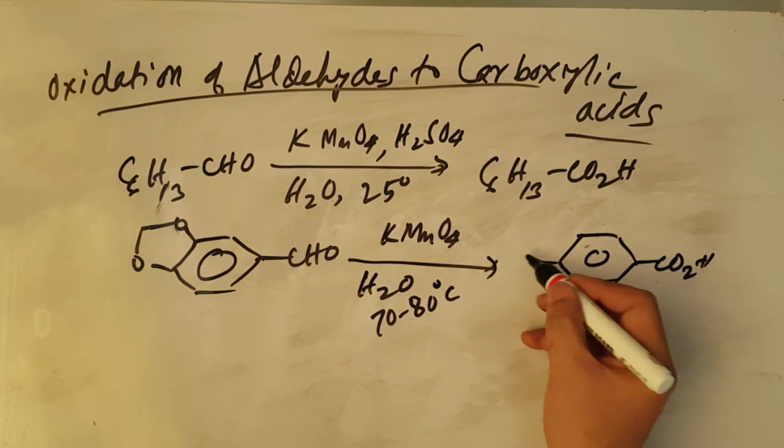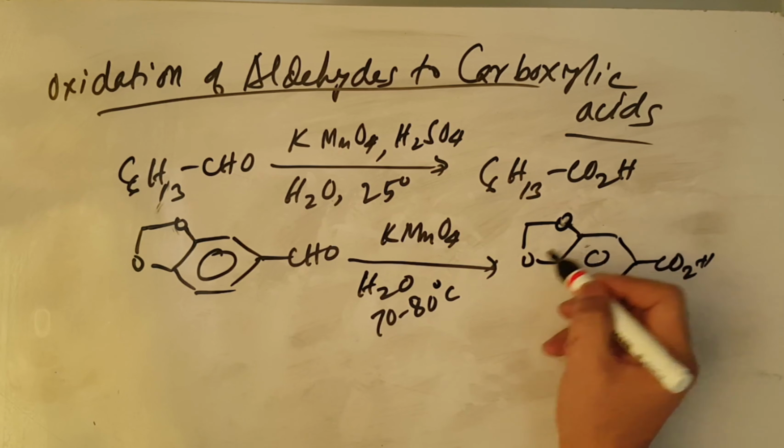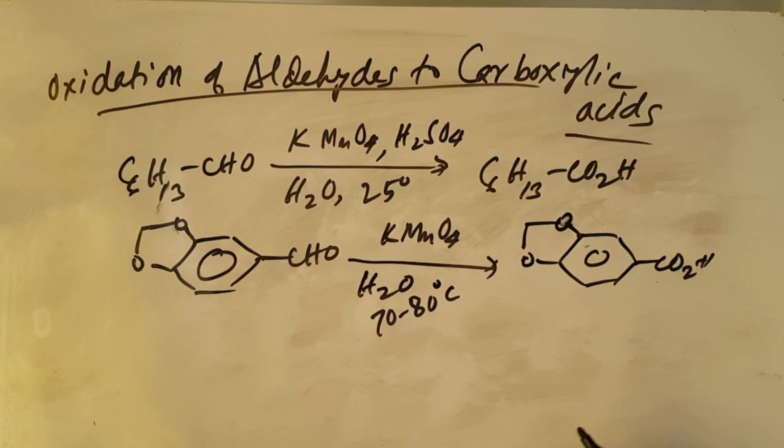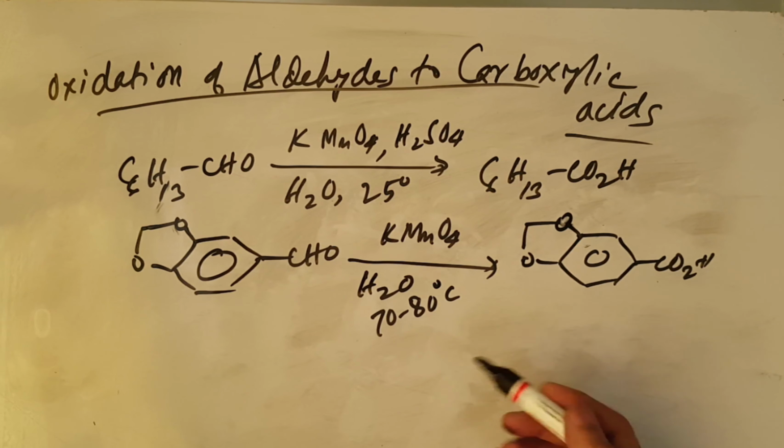Same case, this is protected. What I want to say is that aldehydes can be oxidized to carboxylic acids by KMnO4 either in acid solution, neutral solution, or basic conditions.